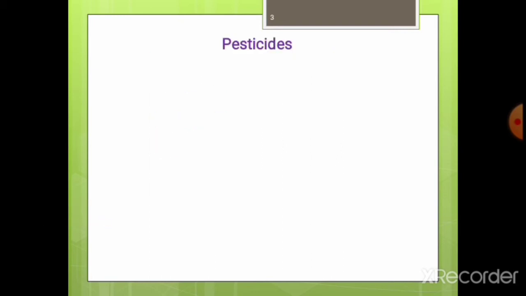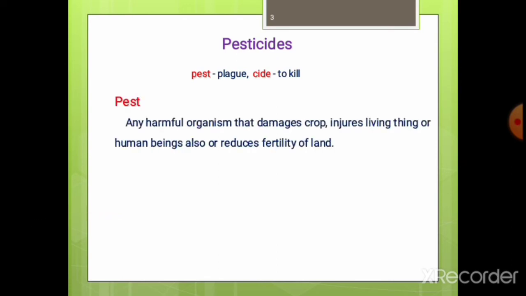First we will start with pesticide. This pesticide is derived from the Greek word pest, that is plague, and side means to kill. Pest is any living organism which is harmful, that is a harmful organism that damages the crop, injures living things or human beings also, and it reduces the fertility of land.